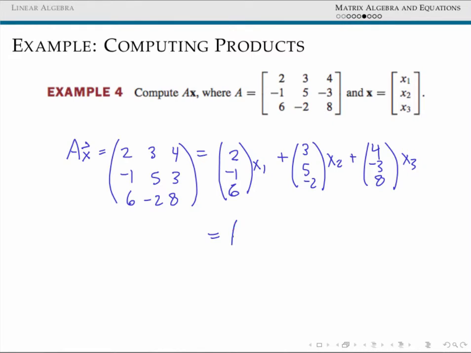So this gives us our product of these two, our matrix and vector, are 2x1 plus 3x2 plus 4x3. Since we take our products coefficient-wise, negative x1 plus 5x2 plus minus 3x3, and 6x1, negative 2x2, and 8x3.